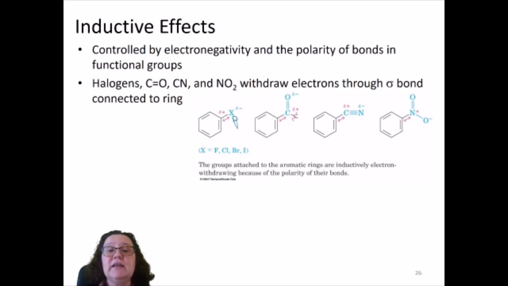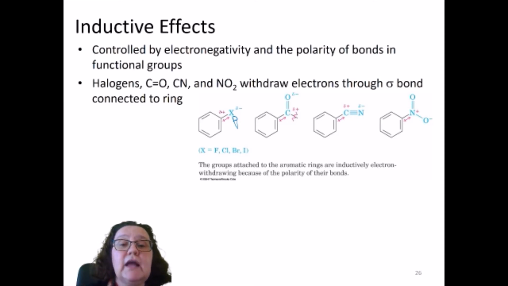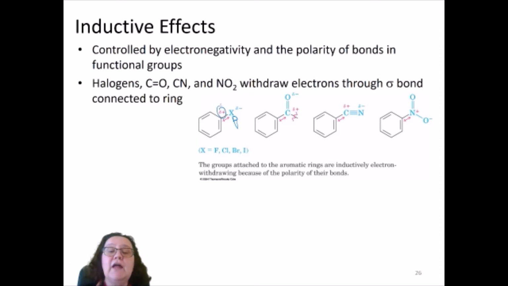That means that this carbon here has a partial positive charge, and there is a withdrawing of electronic charge from the benzene ring, from this aromatic ring, towards the halogen.